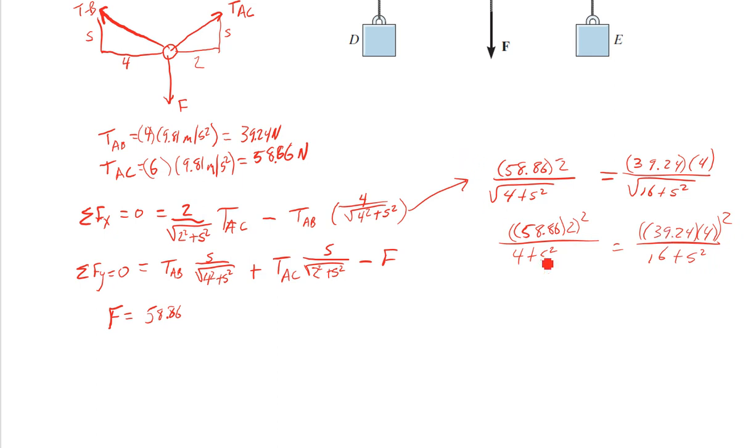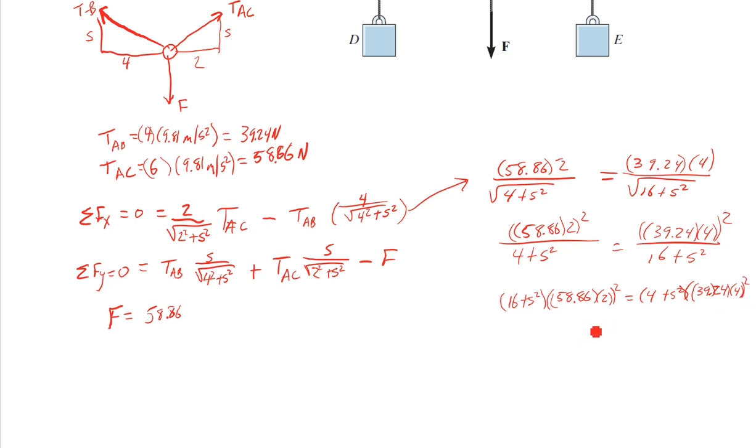Now if I cross multiply those, I'm getting some crazy big S numbers here, but I'll get 16 plus S squared times 58.86 times 2 squared, which is 4, plus S squared times 39.24 times 4 squared.